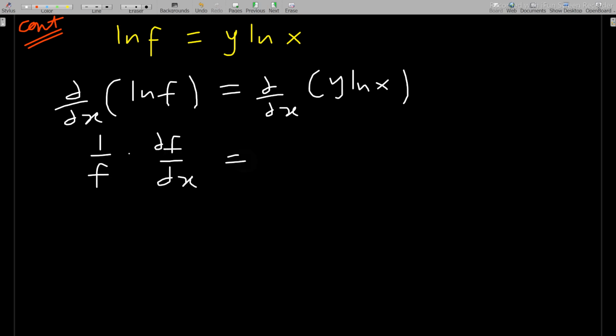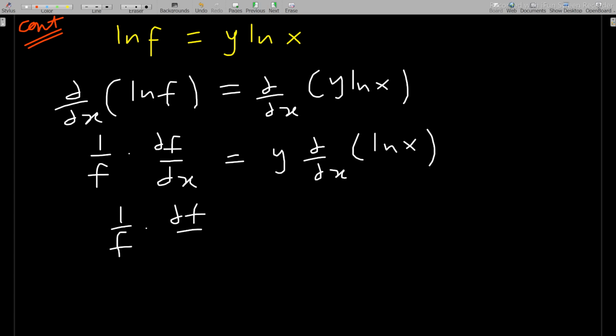So this will be equal to y times del x of ln x. This will give me 1 over f times del f del x should be equal to y over x, because when I differentiate ln x with respect to x, I'll get 1 over x times y, which is y over x.